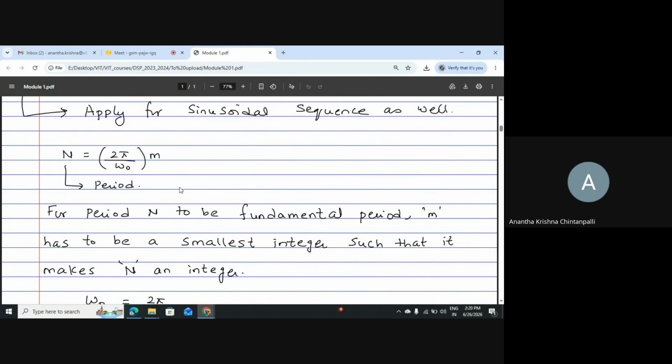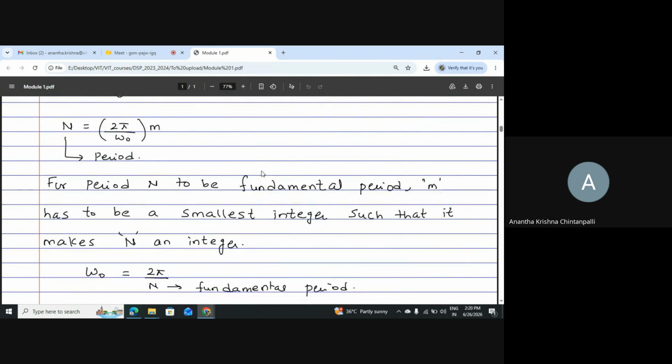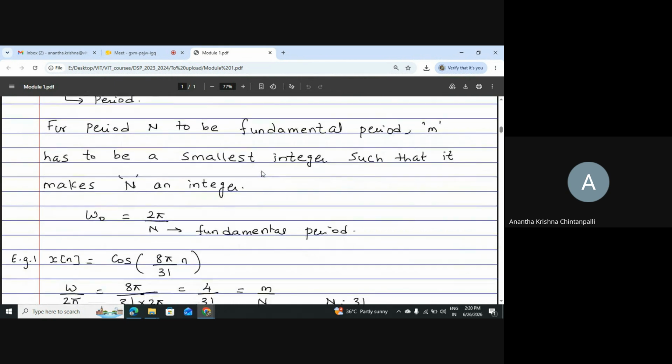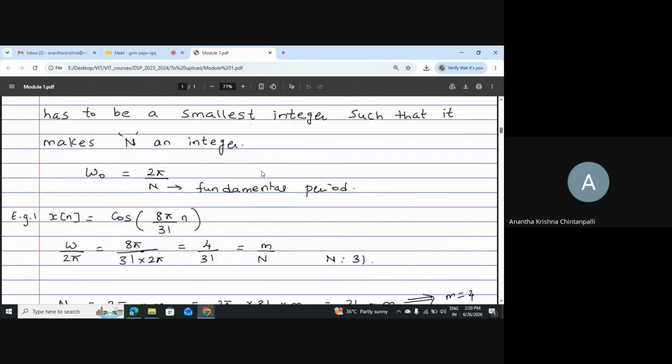So I need to identify the smallest integer value of m such that my capital N becomes an integer. Once I have my fundamental period, then the fundamental frequency can be obtained by 2 pi divided by capital N. Now let me go through some examples so that you will have an idea of what I am talking about.